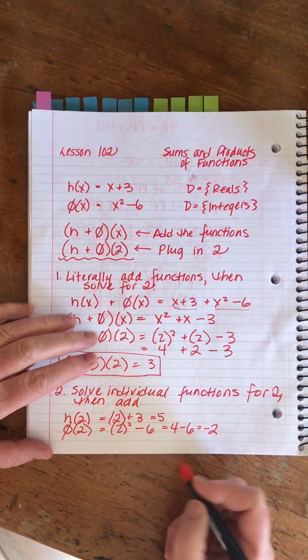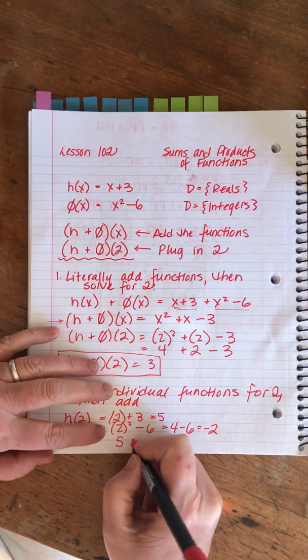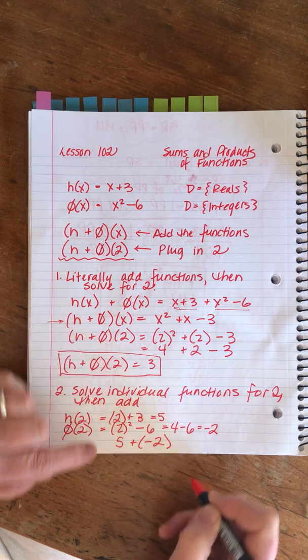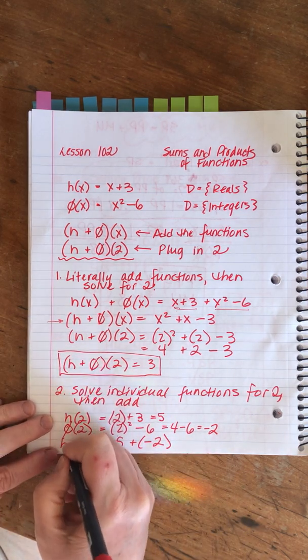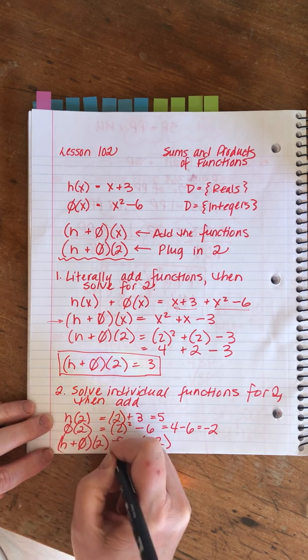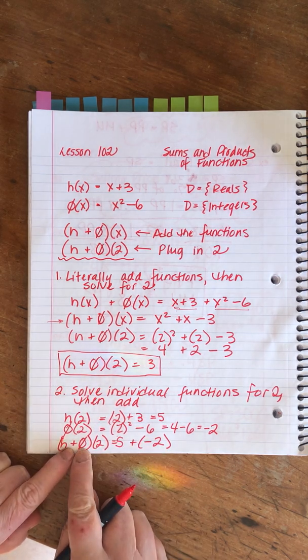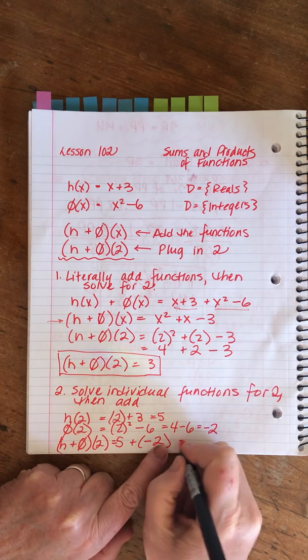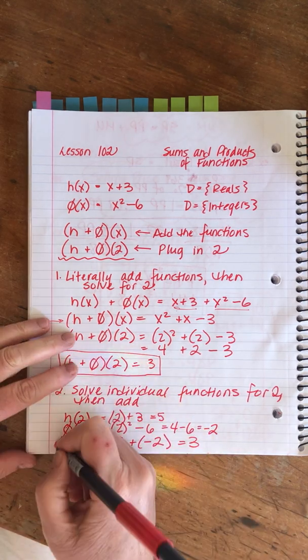And then we add 5 plus negative 2, right? That's the sum function of these two. We just put those two together and we get 3, which is exactly what we got last time.